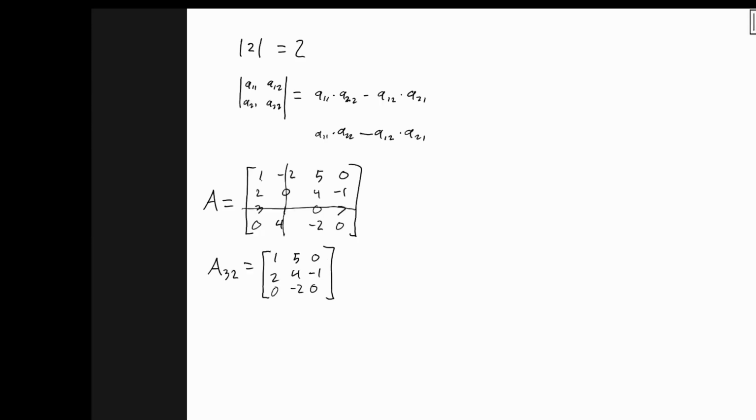And so to find the determinant of a matrix, what we're going to do is go across a row or down a column. It doesn't matter which one you do. So let's say we want to find the determinant of A. I'm going to pick a row or a column.